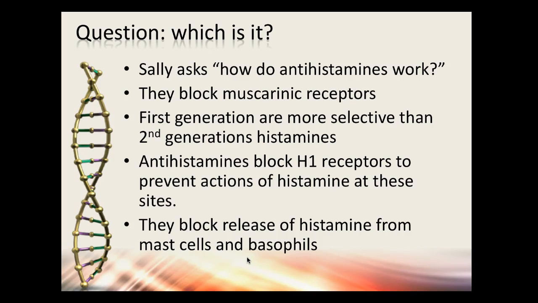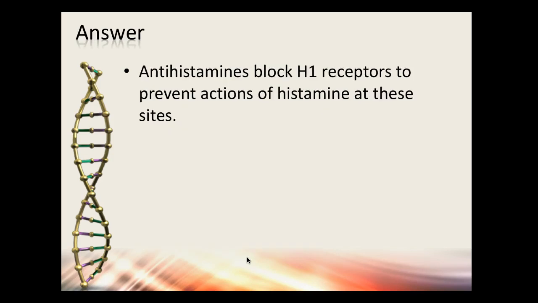They block release of histamine from mast cells and basophils. No, they don't block the release of histamine from the mast cells. That's where they're stored, but actually it's the receptors. Okay, so antihistamines block H1 receptors to prevent action. So this is where it can get confusing because of the mast cells and basophils where they're stored, but actually, antihistamines just work by blocking those receptors.